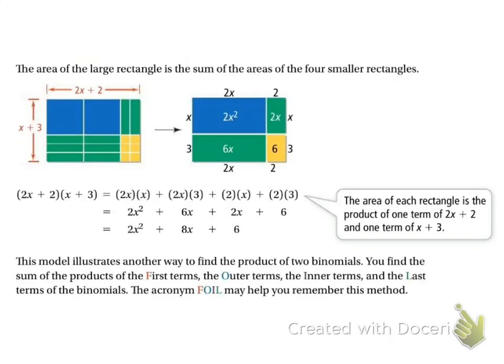And finally, our last method is called FOIL. If you think back to what we just did in the first slide, this sort of visual thing, if you notice, these two blue ones are the same size. These green ones can go together. And these yellow ones can go together, just like this. We get those from multiplying the first numbers, the outside numbers, the inside numbers, and the last numbers.